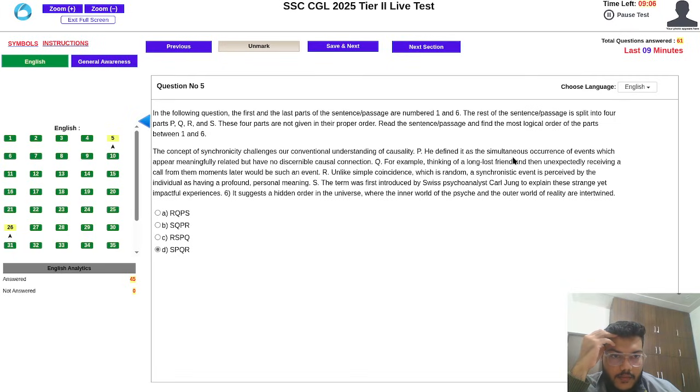He defined it as the simultaneous occurrence of events which appear meaningfully related but have no discernible causal connection. For example, thinking of a lost friend and then receiving a call from them. Such an event. Unlike simple coincidence which is random, a synchronistic event is perceived by the individual as having a profound personal meaning. What suggests?